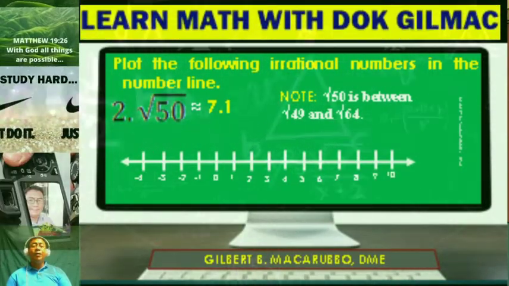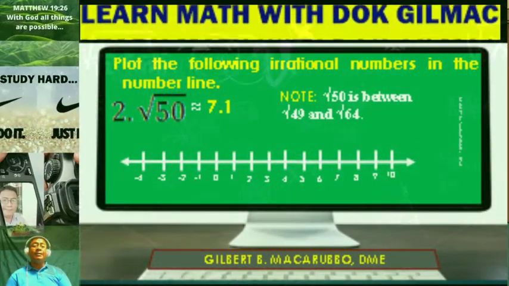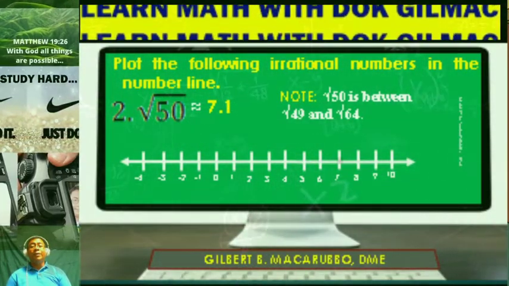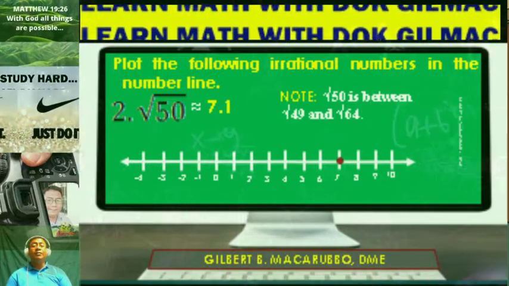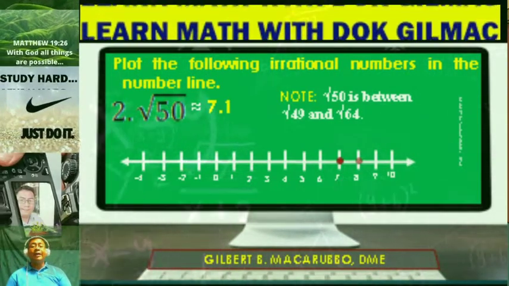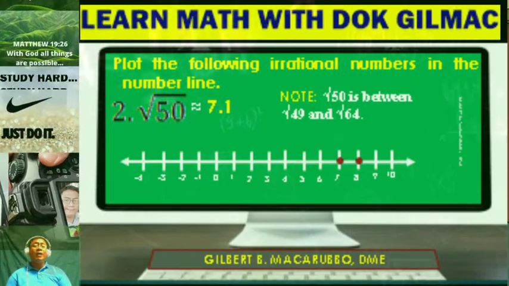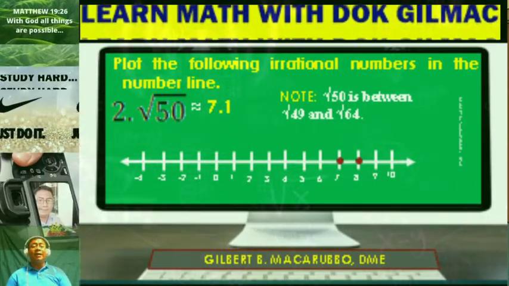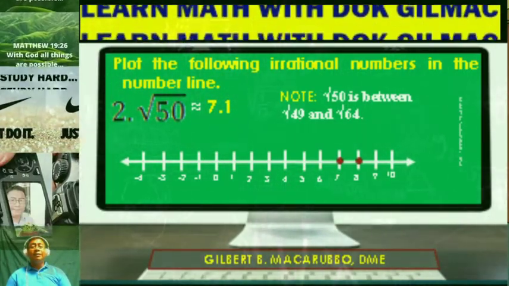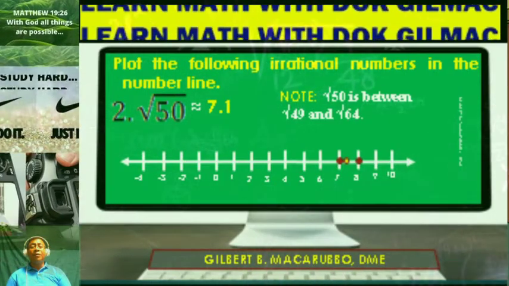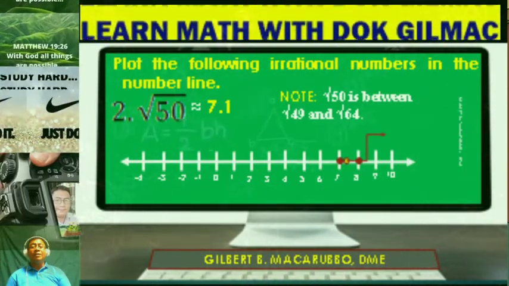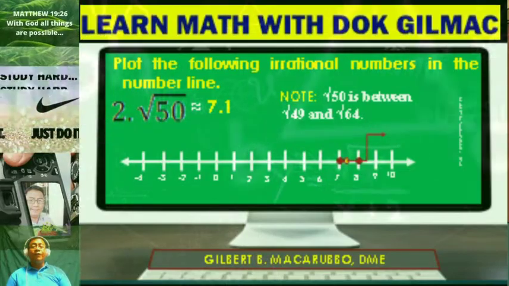The first thing we're going to plot here again is square root of 49, which is 7. Square root of 64 is 8. Take note, square root of 50 lies between 7 and 8. From here we have 7.1, so this is just square root of 50.